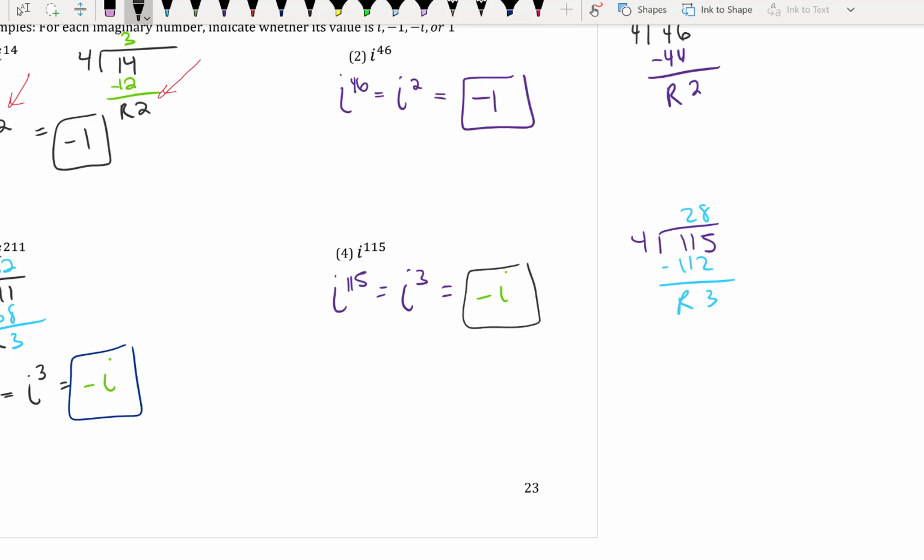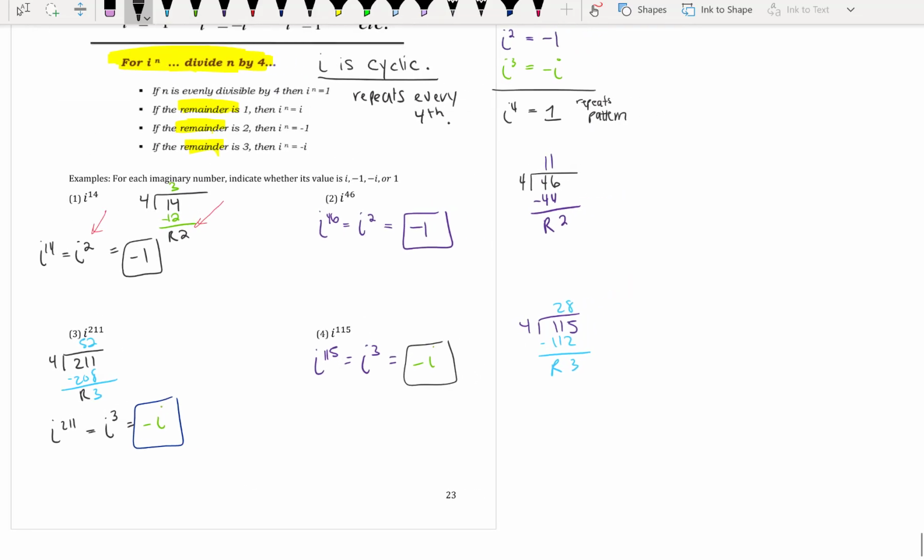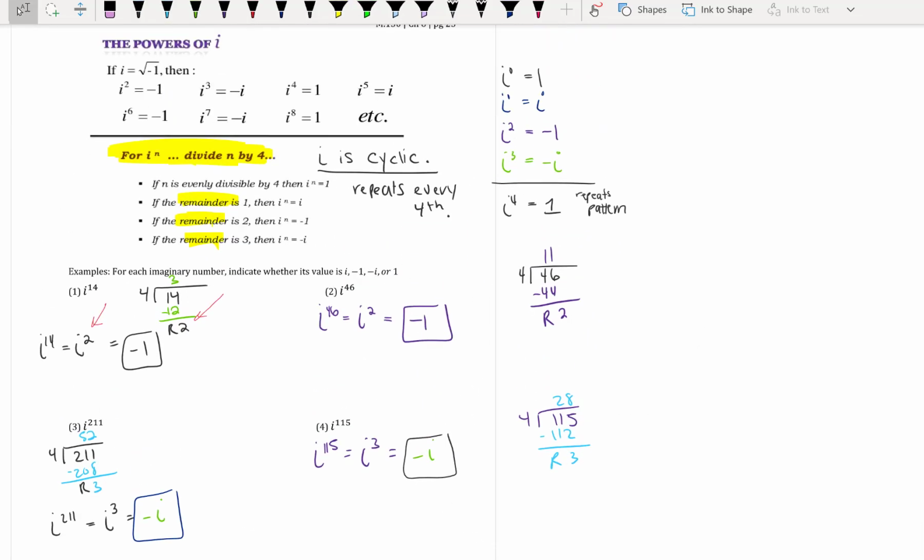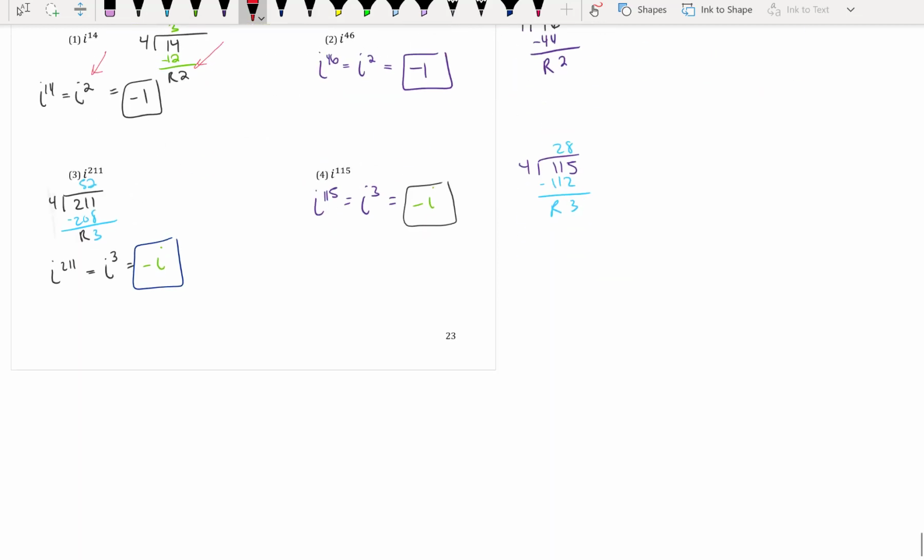So you always want to make sure that you are doing your long division by 4, and really these 4 are what you want to know. These 4 is what you want to remember. If it was me, I would put this on my 3x5 note card if I'm allowed that on the exam, because that's what it boils down to when you divide by 4.